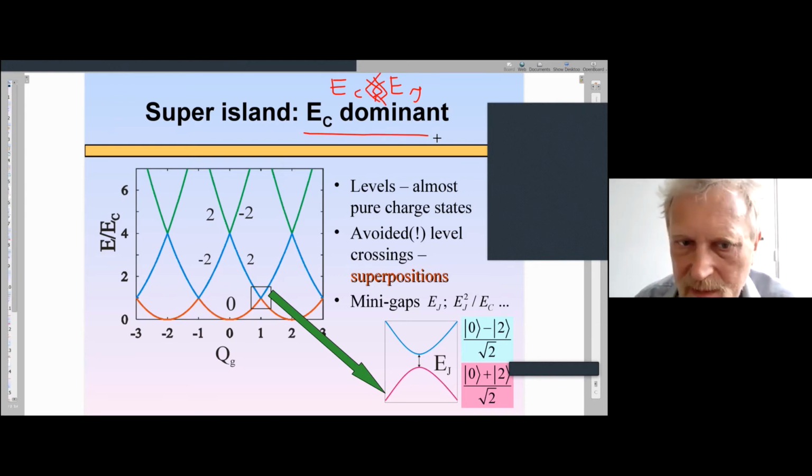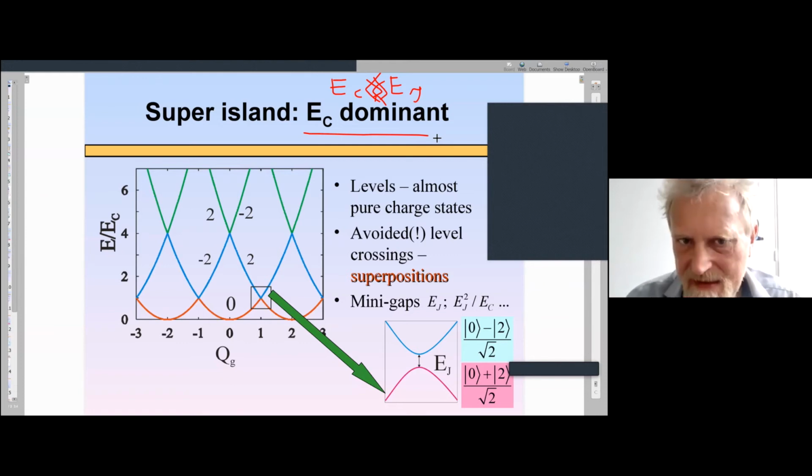Charging energy is dominant, and what does it mean? It means that we are very much like in a classical single electron box, with the only difference that now we catch Cooper pairs rather than single electrons.